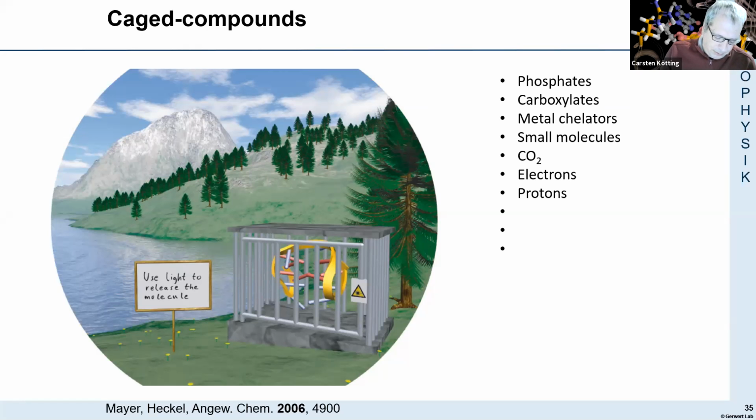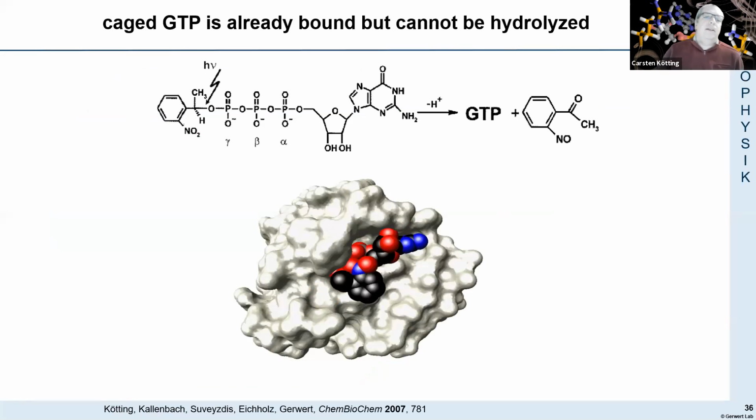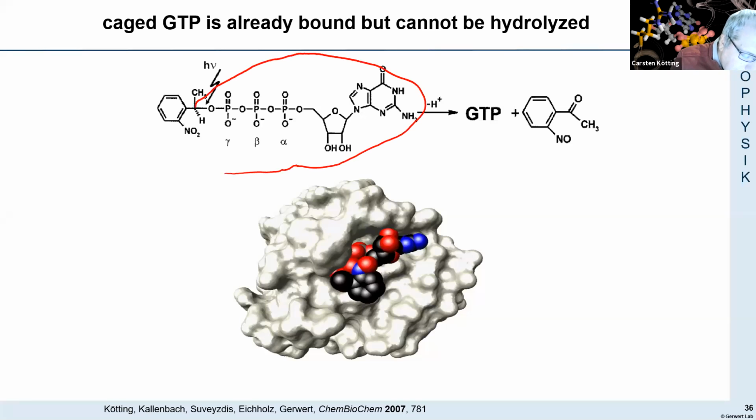What we do is we look at GTPases, like the famous RAS protein that is shown here. So what you need is then the caged GTP, and this is shown now here. You see here, this is GTP, and you have here the cage group.